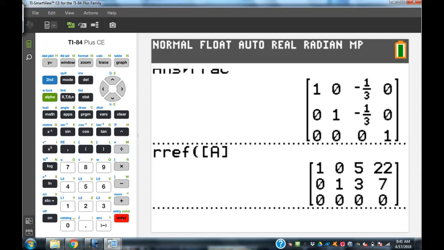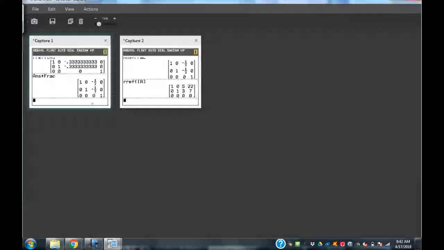All right, so running RREF on that, you see that bottom row, all zeros all the way across. That tells us it's infinitely many solutions, or consistent and dependent.